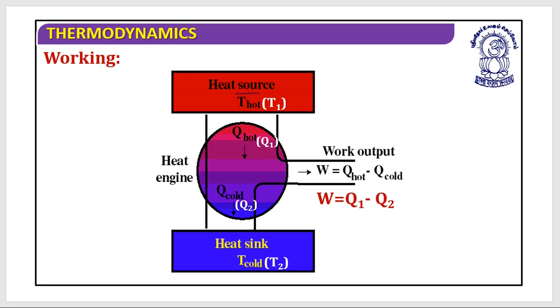This is the heat source, and as it is a heat source, it is at a higher temperature. It has been kept at a temperature T1. This is the heat engine, which is what we call the working substance.